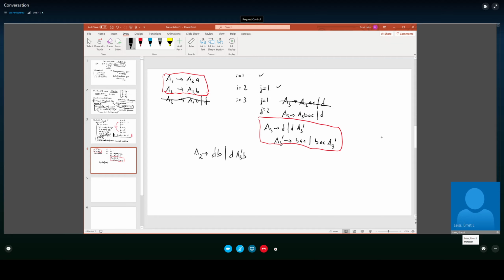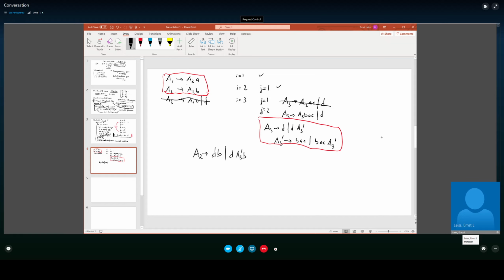So now we have our A2 productions by substituting the A3 productions, which necessarily have to start with a terminal because this is the last variable in that list, 1, 2, 3.